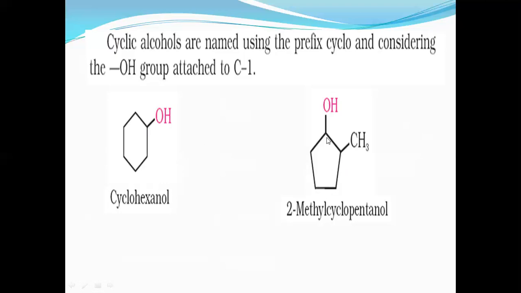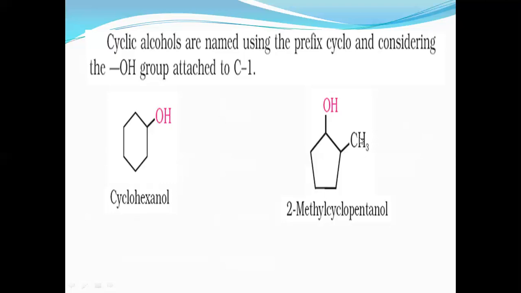We have to go for the lowest possible, therefore 1 and 2. This is 1 and this is 2. And here it is named: there are 6 carbon atoms, therefore hexane, and OH is there, therefore ol is attached. Since it is a cyclic compound, cyclo is attached: cyclohexanol.